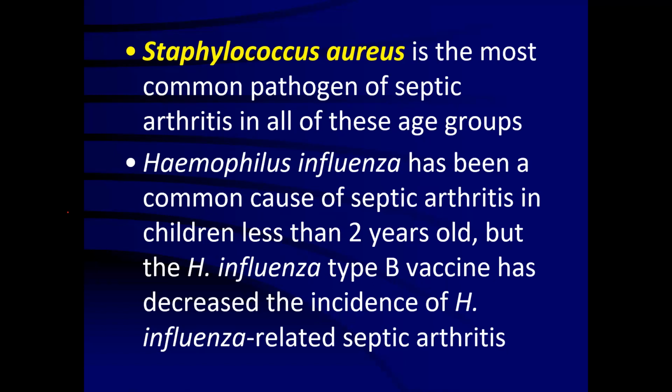Haemophilus influenzae has been a common cause of septic arthritis in children less than 2 years old, but the Haemophilus influenzae B vaccine has decreased the incidence of Haemophilus influenzae related septic arthritis.